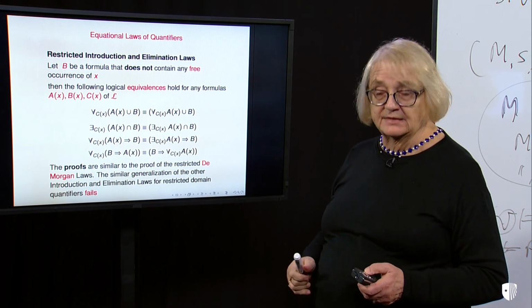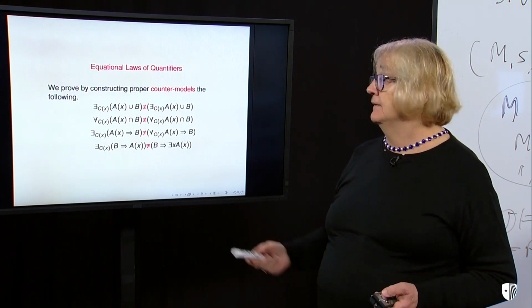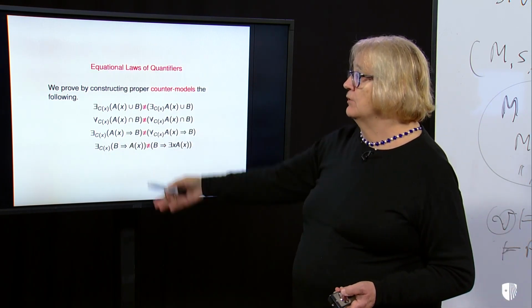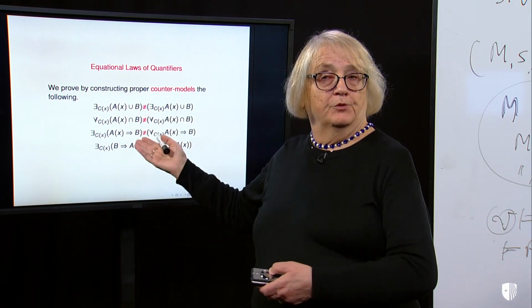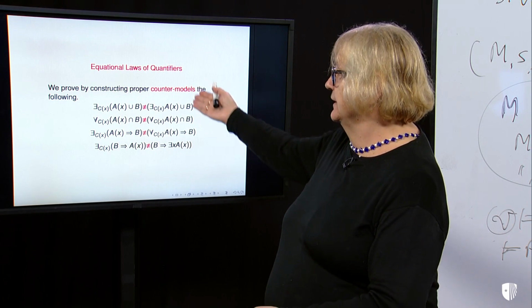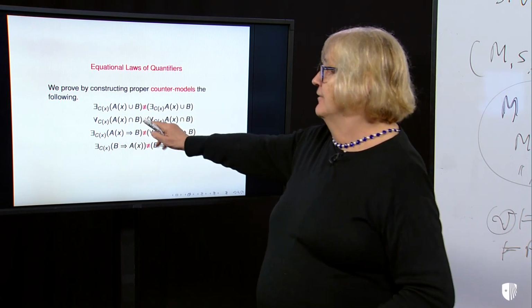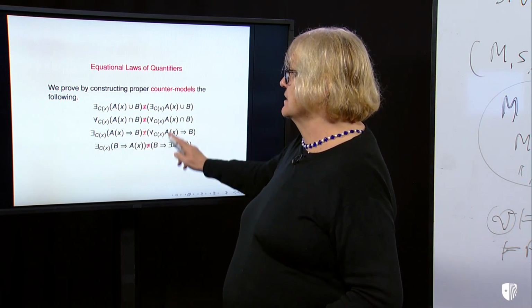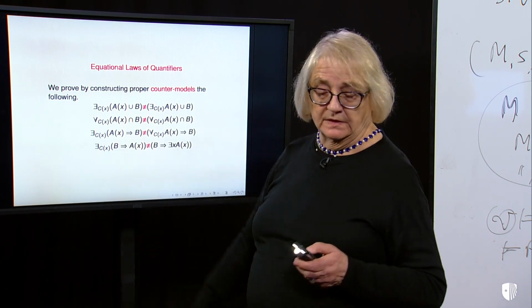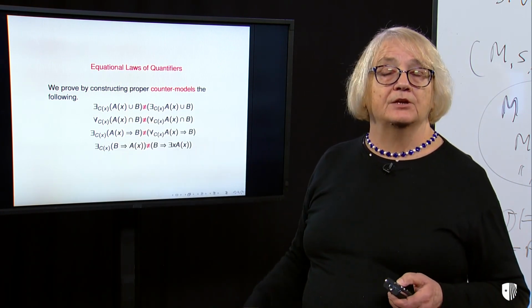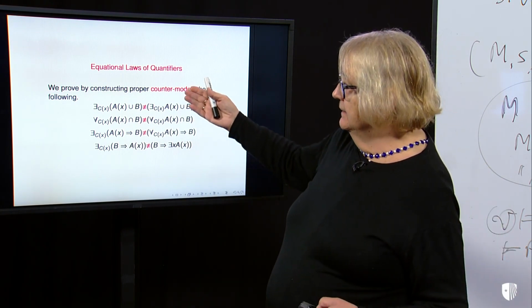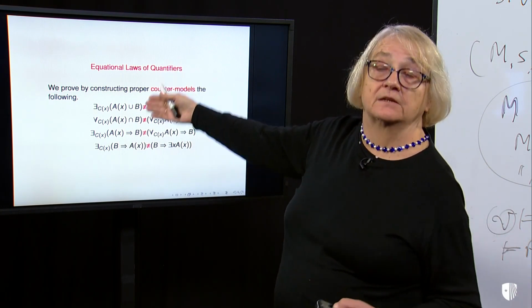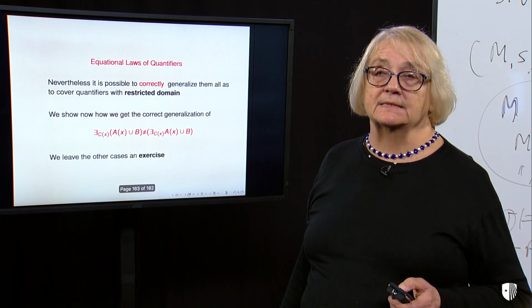So these are good, safe laws, but all those equivalences do not hold in general. Again, you prove it by constructing a countermodel: for normal quantifiers all of them hold, but if you have restricted quantifiers, they do not hold. And in chapter 2, I also gave you how you can fix it to have equivalences.